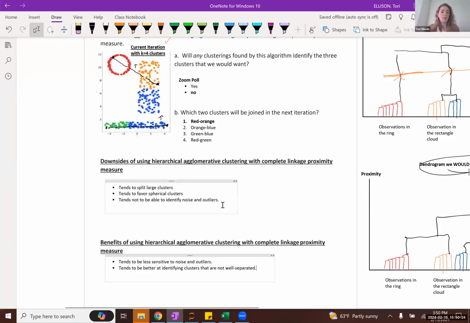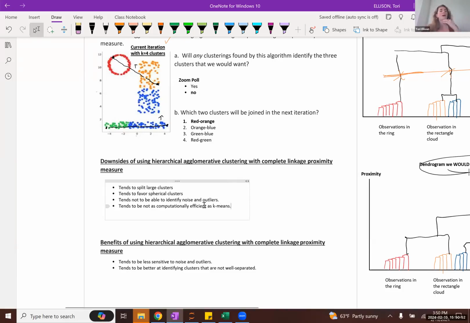One downside also is that it tends to be not as good at identifying non-convex clusters. We already kind of talked about that here. And then another downside, and this also applies to all of our common hierarchical agglomerative clustering algorithms that we're talking about, is that it tends to be not as computationally efficient as an algorithm such as k-means. Okay.